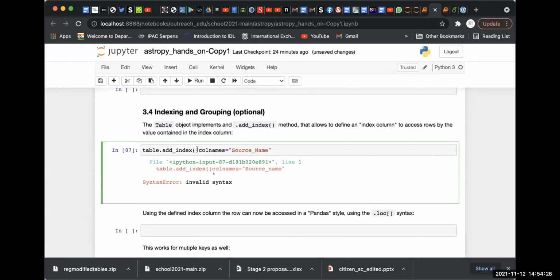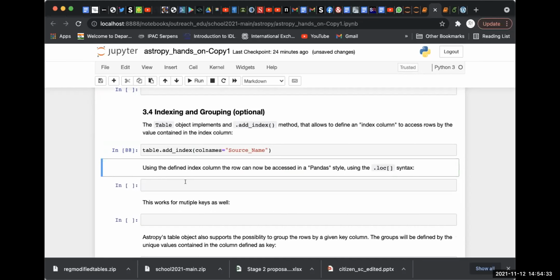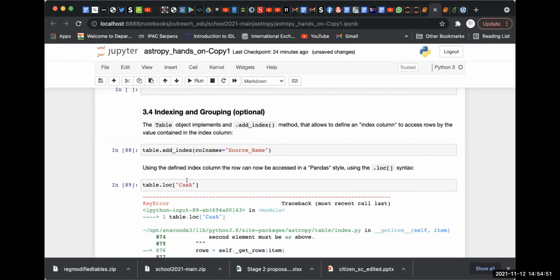Oh, sorry, this bracket closes. And now if you want to know the location of it, you can do table.loc, the location, for example with Cassie. That was one of our source names. I think Cassie has a space.